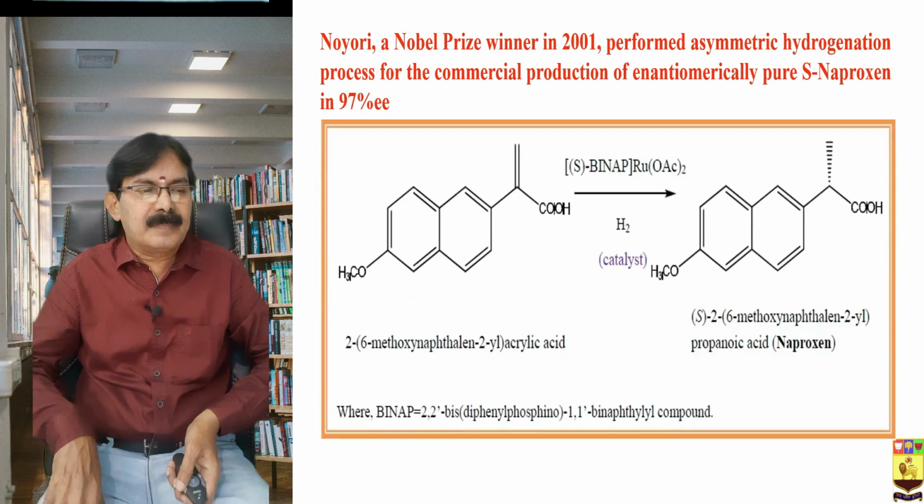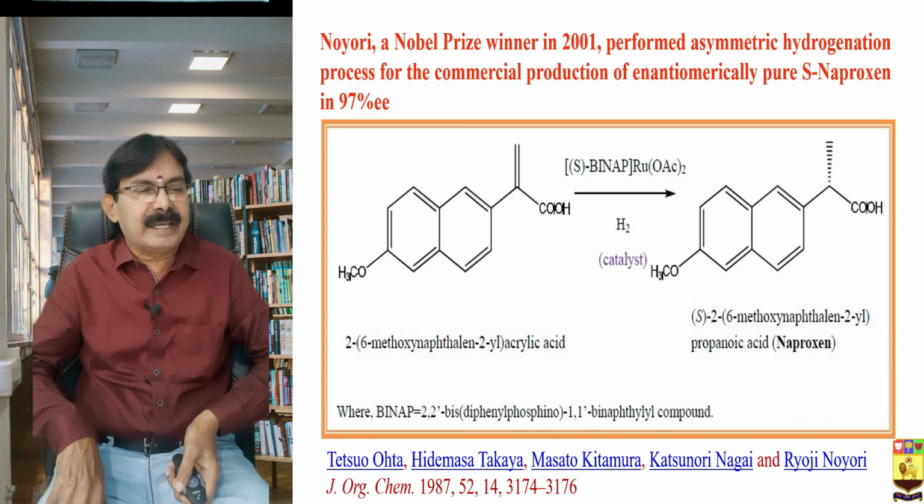So, this is a scheme starting from 2-(6-methoxynaphthalen-2-yl)acrylic acid. We get the S isomer. The catalyst used is the S-BINAP ruthenium diacetate complex. Okay.